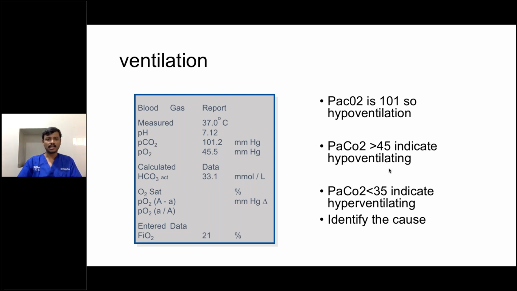Imagine if the patient has opioid-induced hypoventilation, then we have to treat that opioid. If the patient has hypoventilation because of head injury or stroke, then we have to intubate those patients. So we should know what to do in those patients. We can discuss this in the physiology of acute respiratory failure, so I'm not discussing in detail.